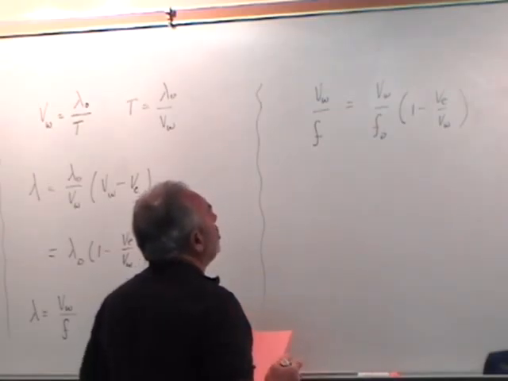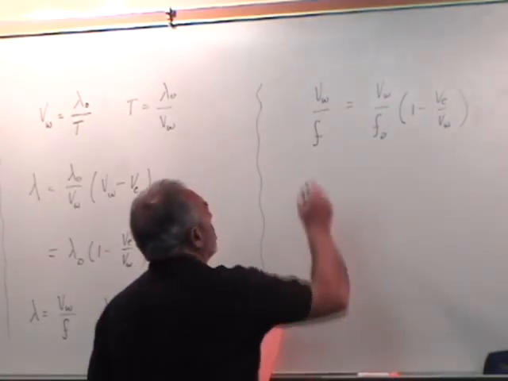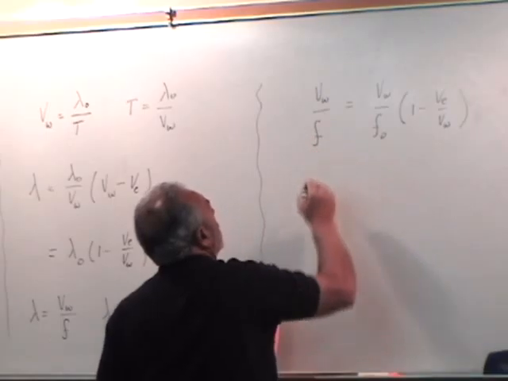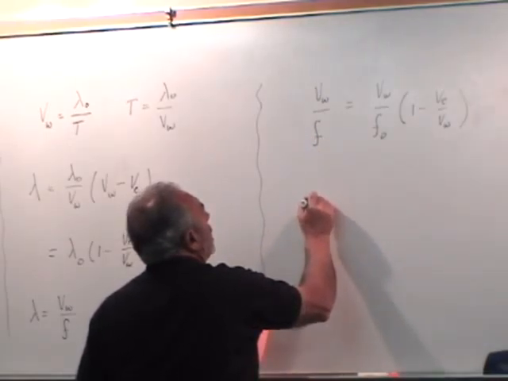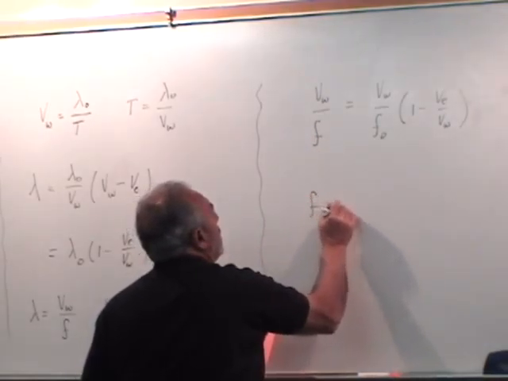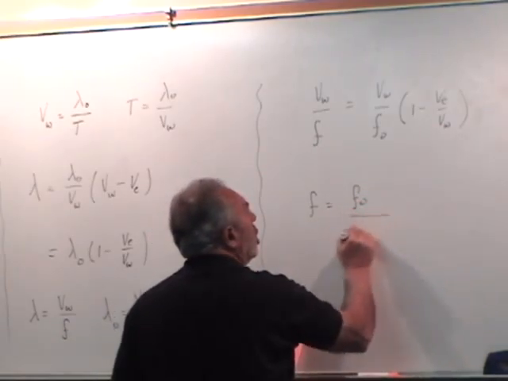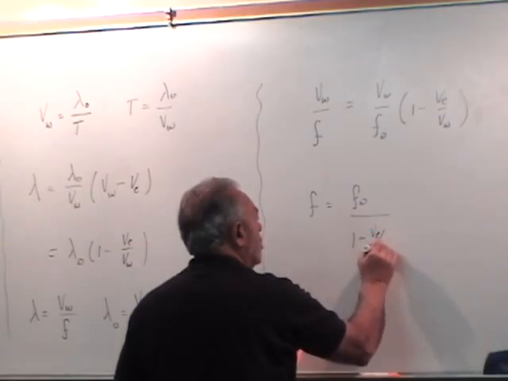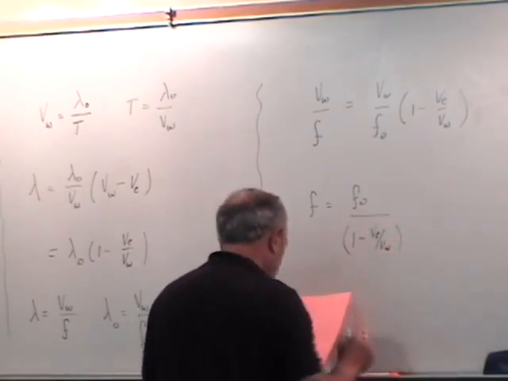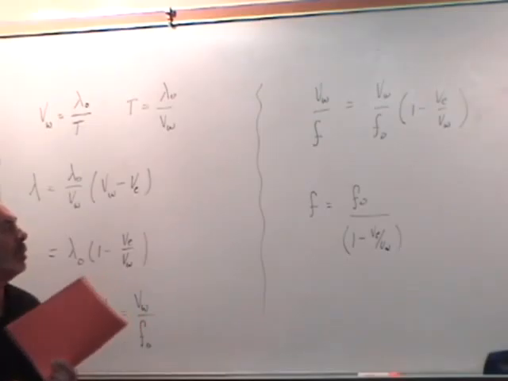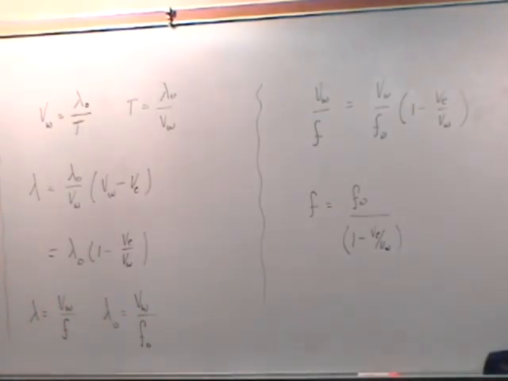And then just simply solve this thing for F. So we put this up here, that up there, and we get F equals F naught divided by this thing, 1 minus VE over VW, like that. And we have a Doppler shift formula for the change in frequency.